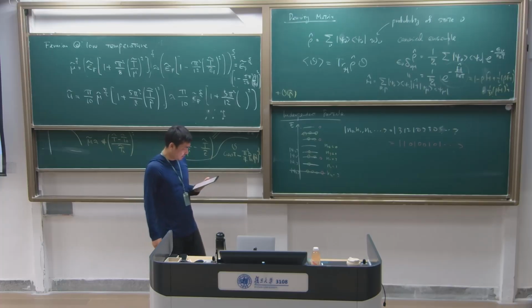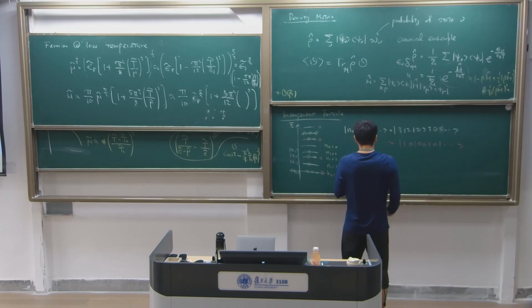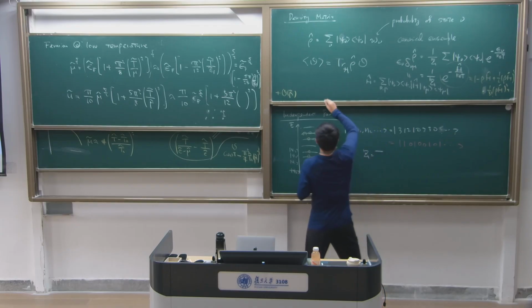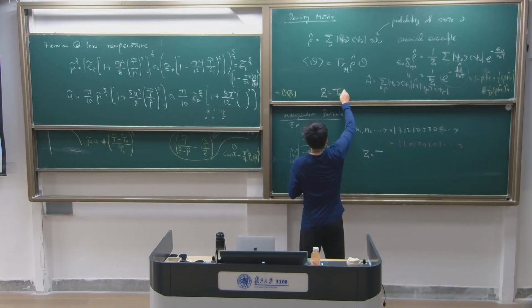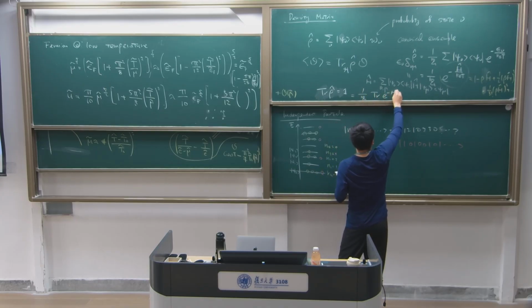If you consider the grand canonical ensemble, the trace of rho has to equal 1, and rho is 1 over Z times e to the minus beta H hat minus mu N hat.